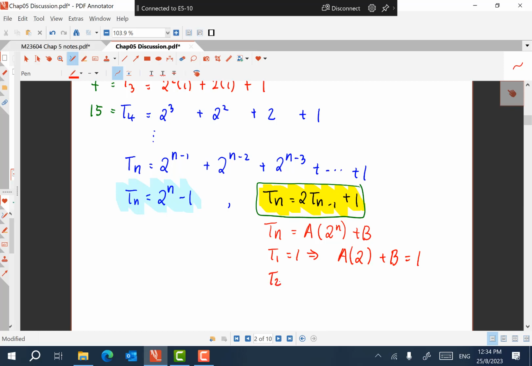And because T2 is 3, this becomes A times 4 plus B is equal to 3.